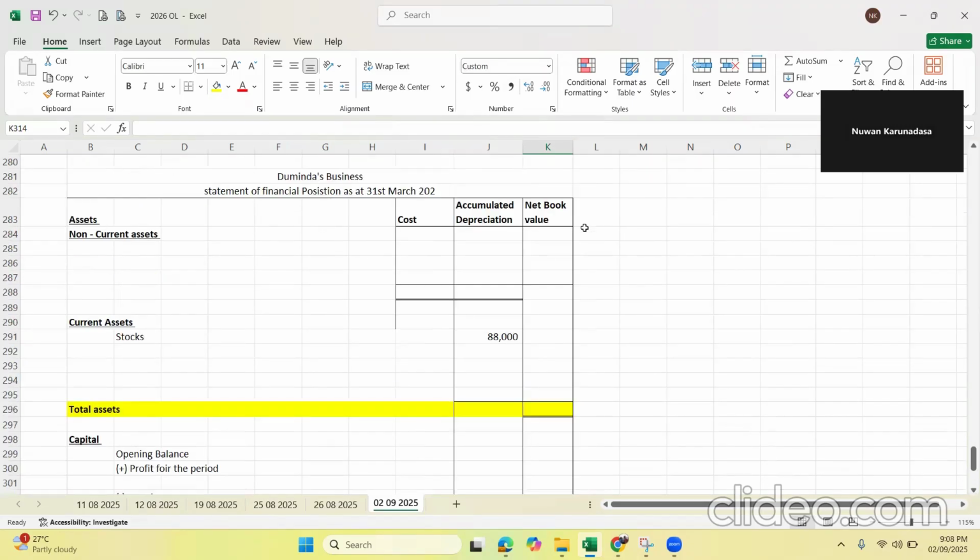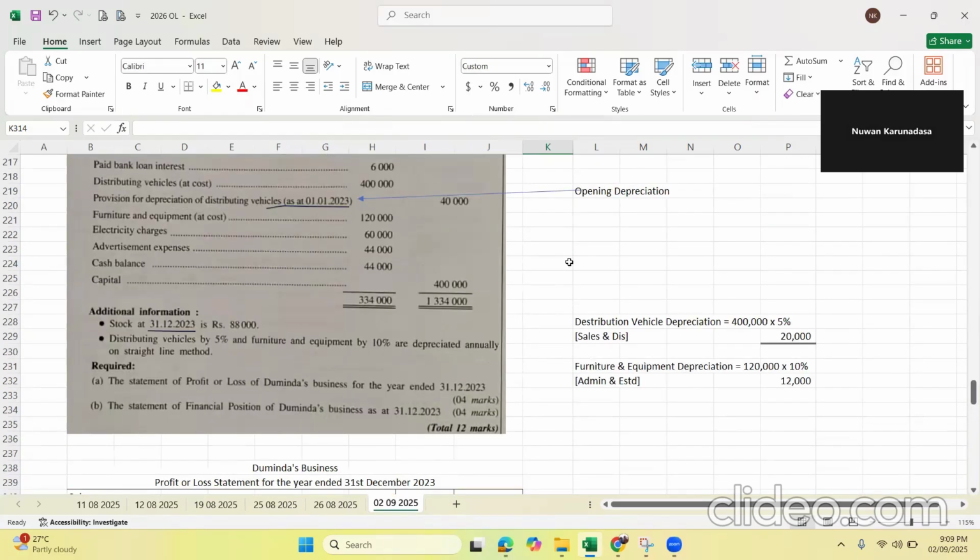Then look at number 2, the second adjustment. They say distribution vehicles 5% and the furniture and equipment by 10% are depreciated annually on a straight line basis. Distribution vehicle depreciation came 20,000.